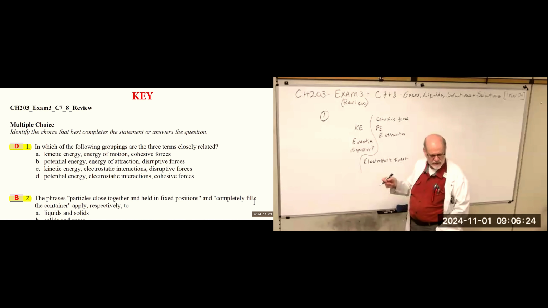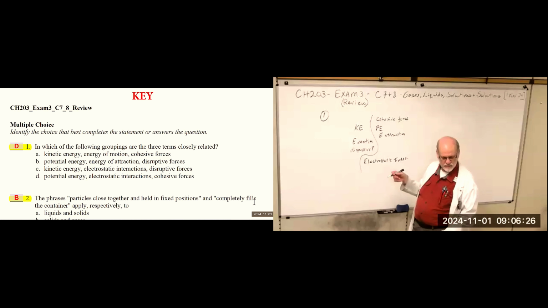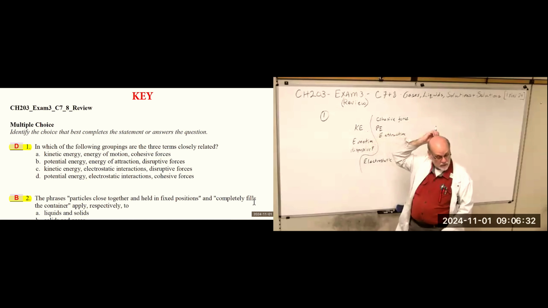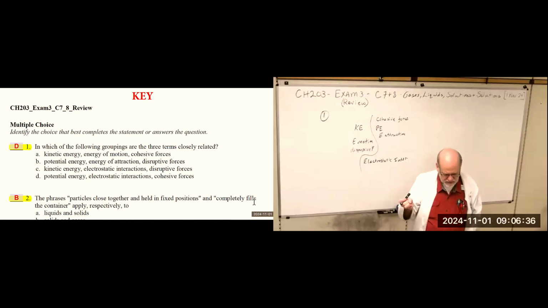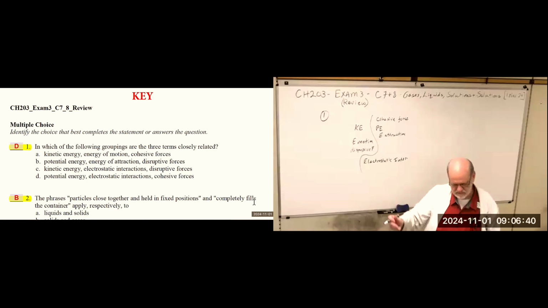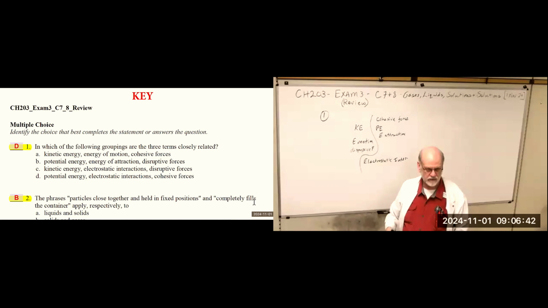B and D have potential energy, energy of attraction potential. Okay. Disruptive for B, no. Disruptive belongs here. All right, so process of elimination says D should be the answer. Potential energy, electrostatic interaction, cohesive forces. Those belong together.